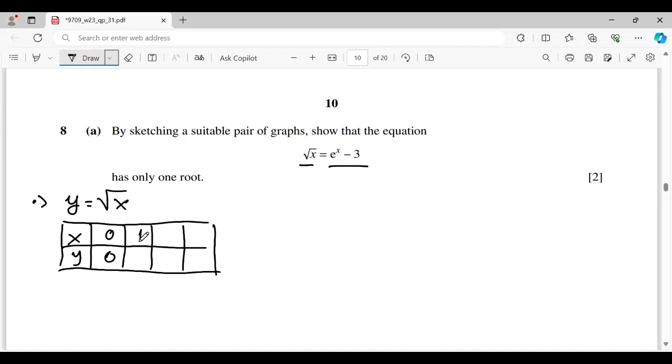If x equals 1, y is 1 as well, so the coordinate points are 0, 0 and 1, 1. If x equals 4, y equals 2. If x equals 9, y equals 3.